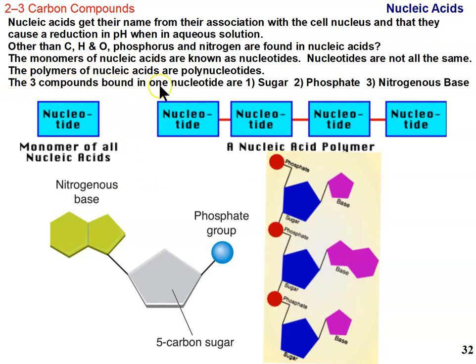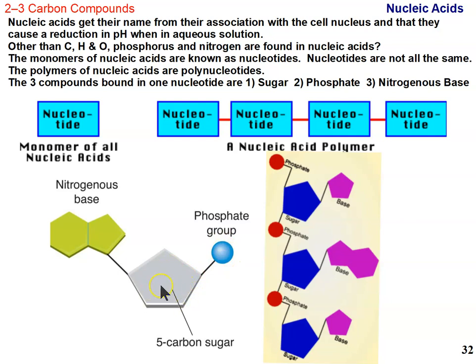The 3 compounds bound in one nucleotide are a sugar, a phosphate, and a nitrogenous base. And you can see that here from this nucleotide: the sugar, the phosphate group, and a nitrogenous base. The phosphate group is made up of phosphorus and oxygen. You can't tell from this diagram, but there's phosphorus and oxygen in the phosphate group.